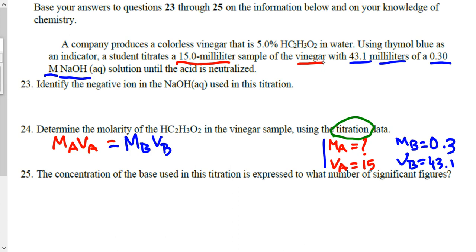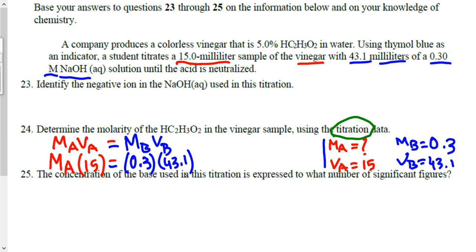So set up the equation. We don't know MA. VA is 15. MB would be 0.3, and VB in this case is 43.1. So please plug in those values.